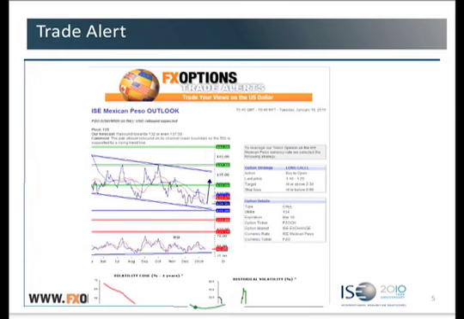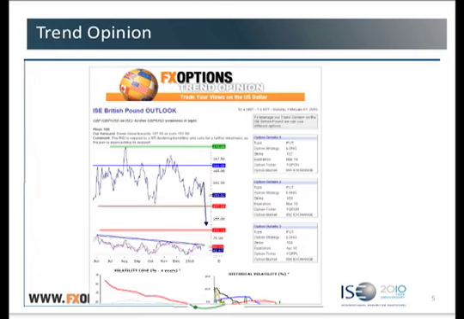What you can see right now is a trade opinion, the FX options trade opinion, which is released every Monday. This is not really a recommendation, as we don't incorporate it in our portfolio performance I displayed to you before.